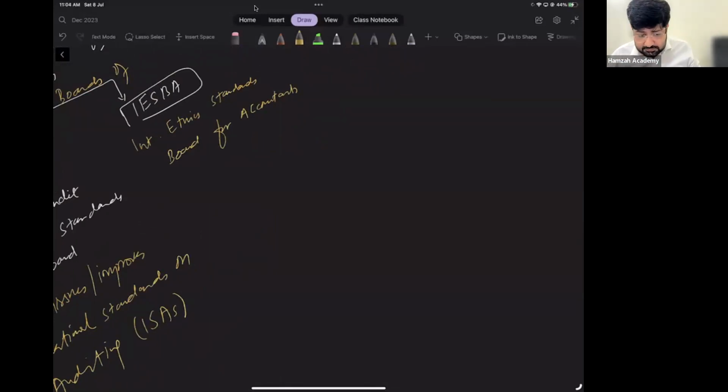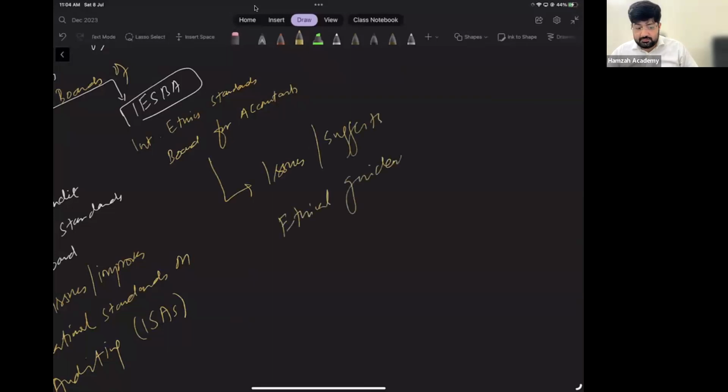It suggests ethical guidance to accountancy bodies. You know that code of ethics?